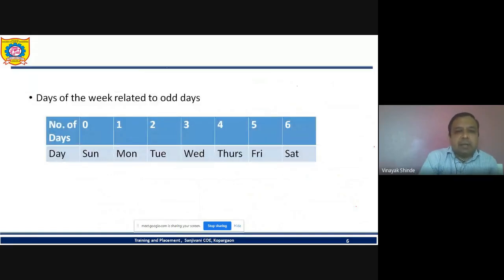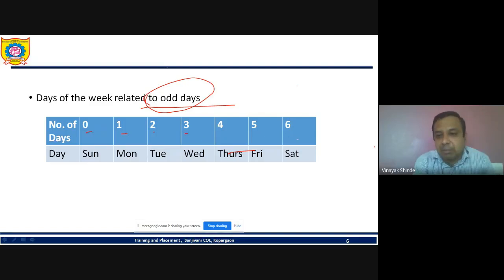Next is nothing but the days of the week related to the odd days. Now this is very, very important. These are the numbers and these are the days: 0, 1, 2, 3, 4, 5 and 6. 0 is assigned to Sunday, 1 is assigned to Monday, 2 is assigned to Tuesday, 3 is assigned to Wednesday, 6 is assigned to Saturday.